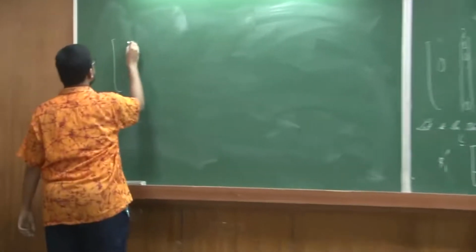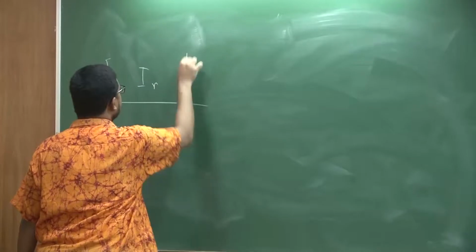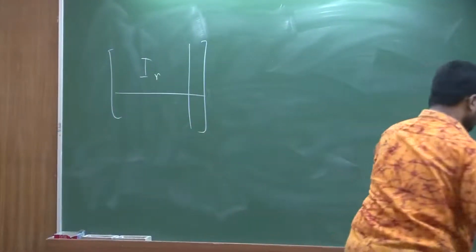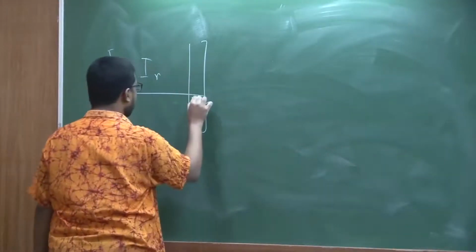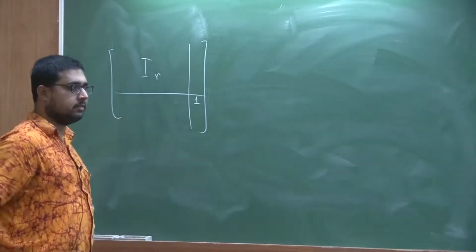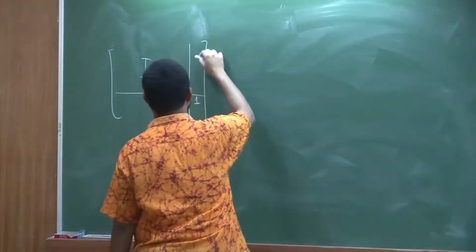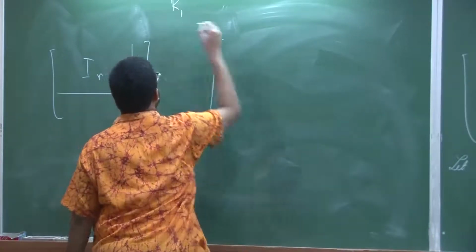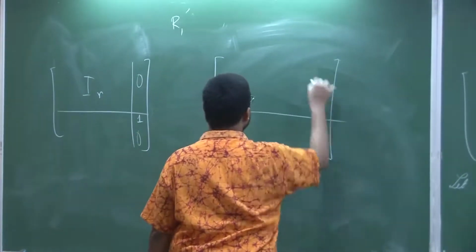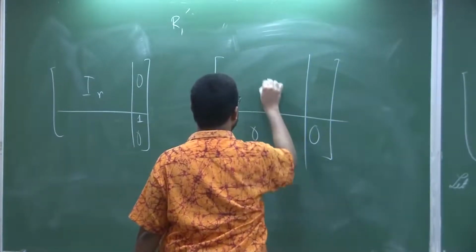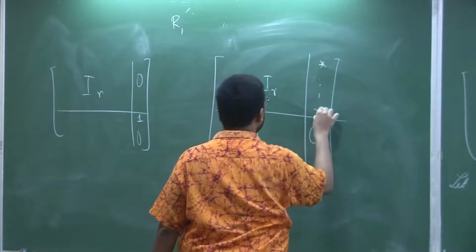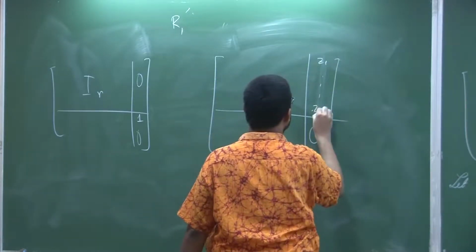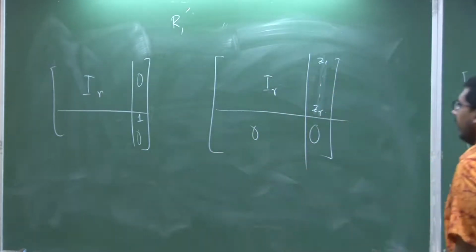So, the first choice is, so RA will be as usual. What happens here? One choice might be this, and the other choice can be, let us rather write them as Z1 up to Zr, where Zi is anything, I do not care. Why so?